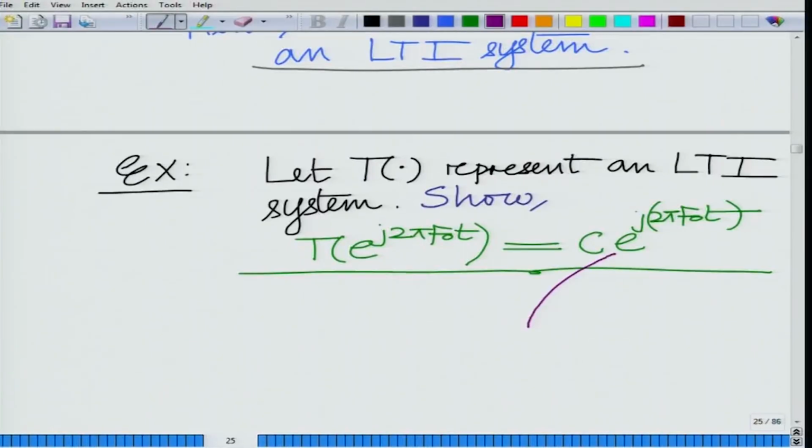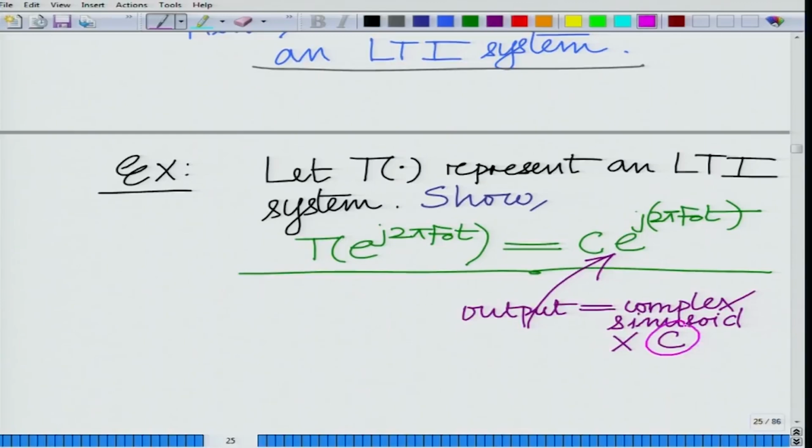Output is a complex sinusoid scaled by c, where c equals a constant.